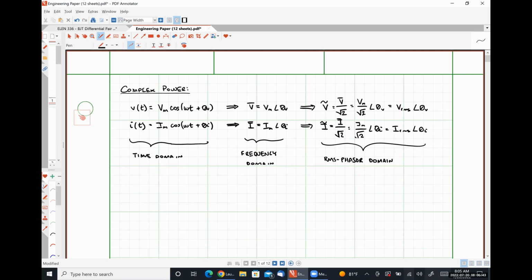And if the voltage is given with units of volts RMS, we're already in the RMS phasor domain, and we can just use all of the regular steady state sinusoidal techniques that we've developed over these last several class meetings.